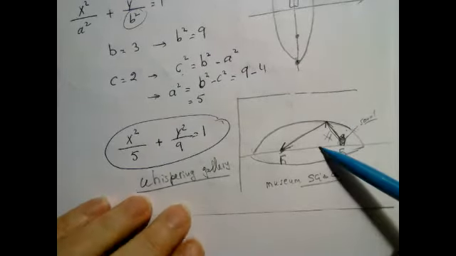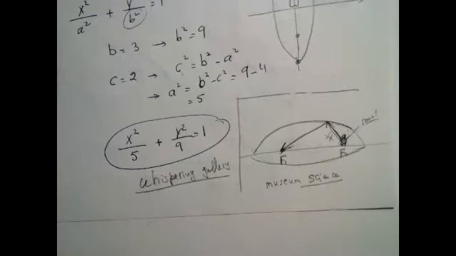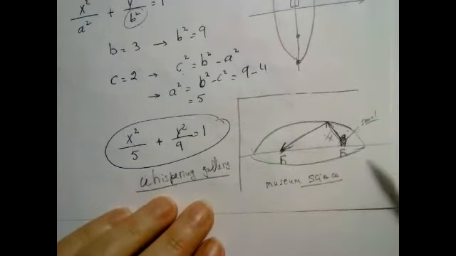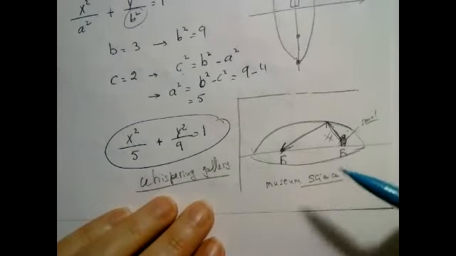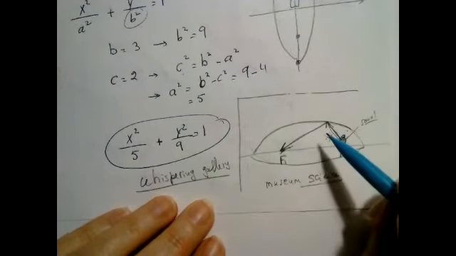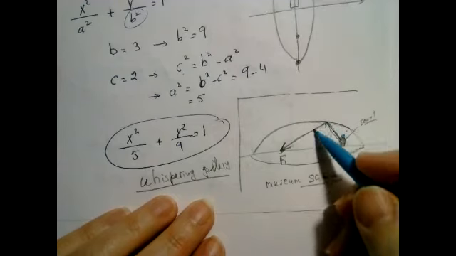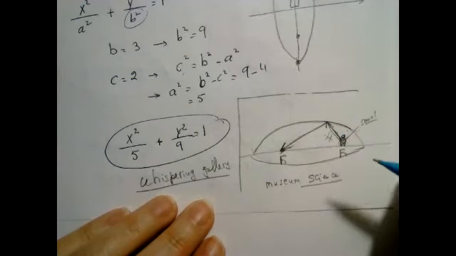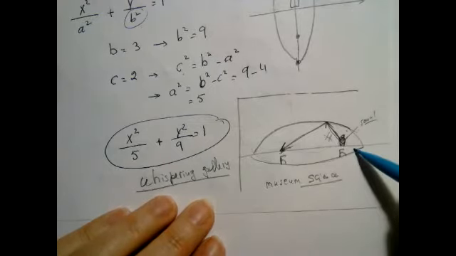And the same idea is used, the book and the notes I gave you also talk about that, to actually destroy kidney stones. If somebody has kidney stones and they want to destroy them, they use sound waves. They send sound to the kidney to destroy the stone, and they use the principle of the ellipse to do that.